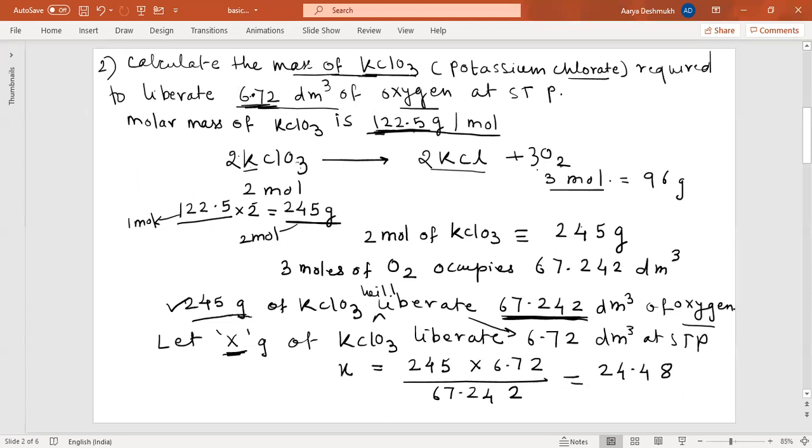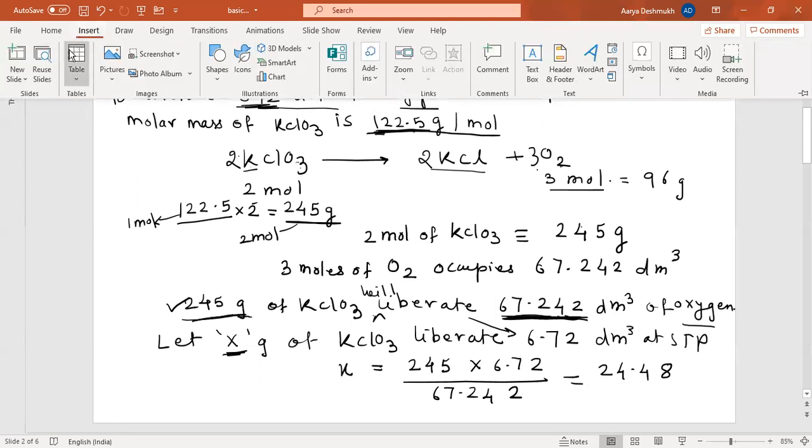Now, as I told earlier, you might not have understood how 245 grams of KClO3 will liberate 67.242 dm cube of oxygen. I'll explain this by inserting one more slide here. Just wait a minute.